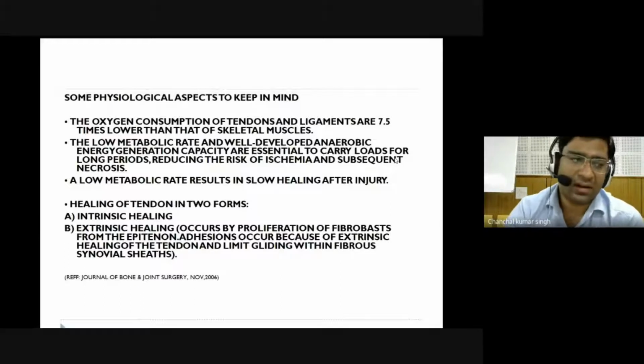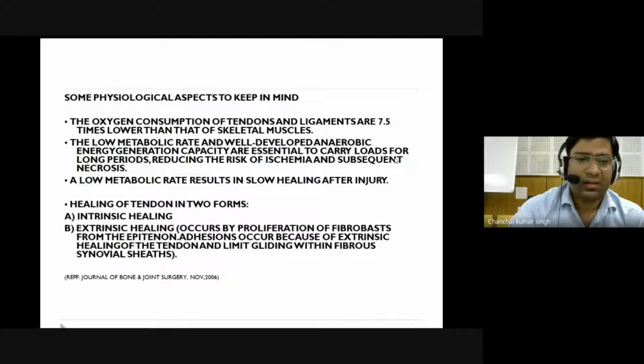If you have greater consumption and less production, then there will be ischemia and necrosis. Since the mechanism is much more on the anaerobic side of energy generation, you don't really see ischemia and necrosis in a physiologically healthy tendon.